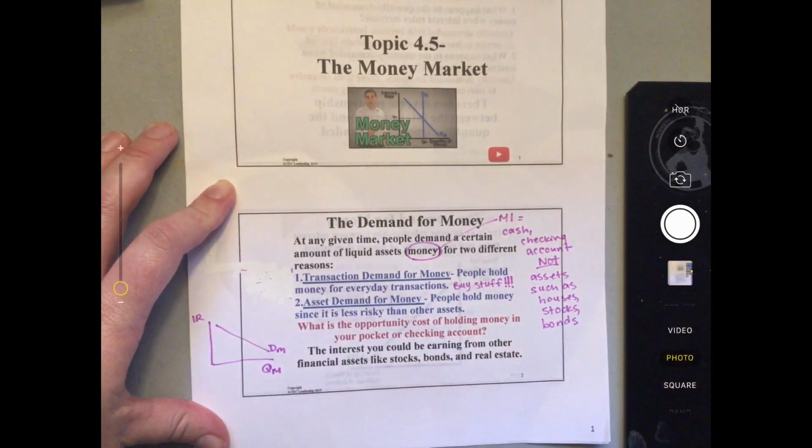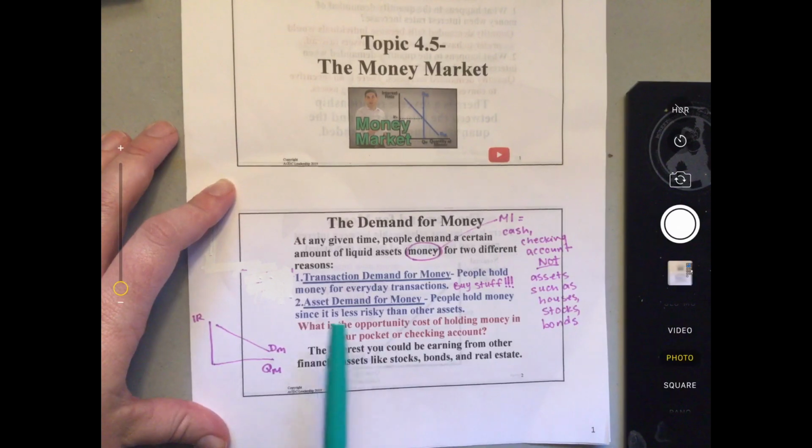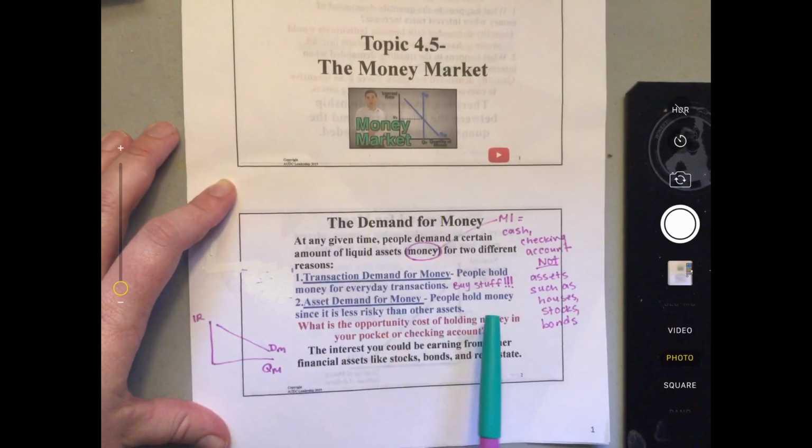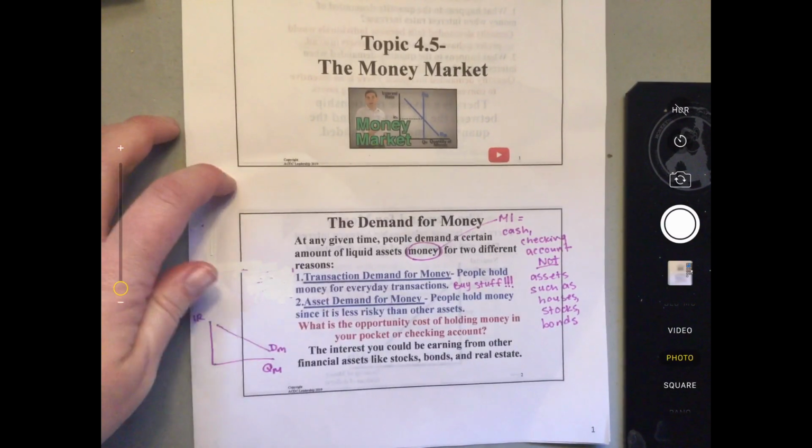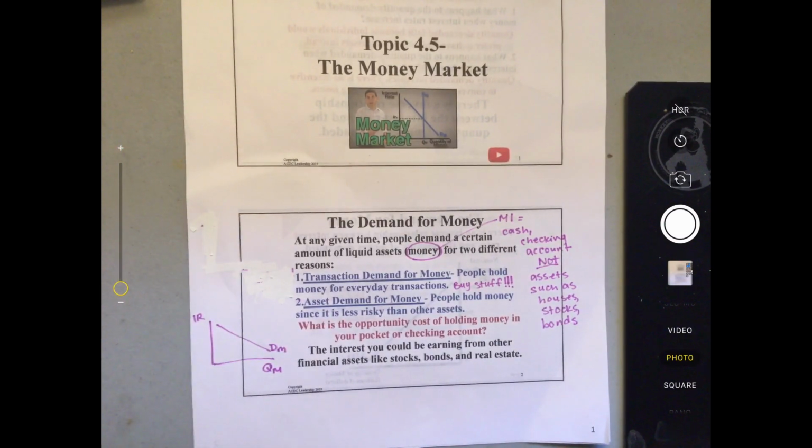Another reason people demand money is asset demand for money. People hold money since it's less risky than other assets. They prefer having a liquid asset instead of putting it into stocks or bonds or a house. What is the opportunity cost of holding money in your pocket or your checking account?